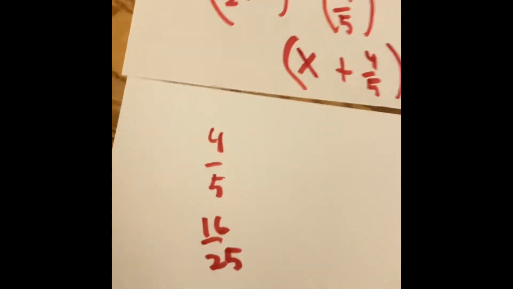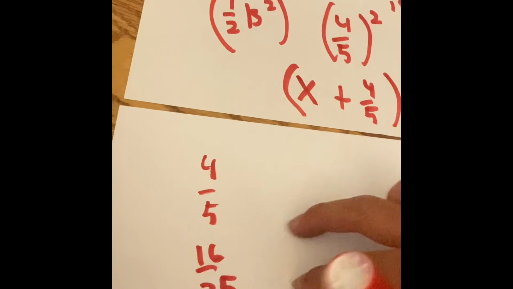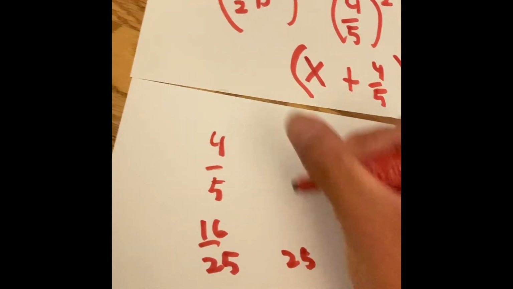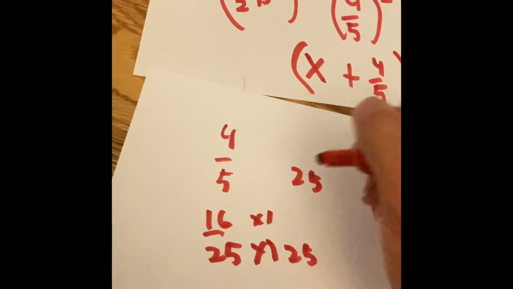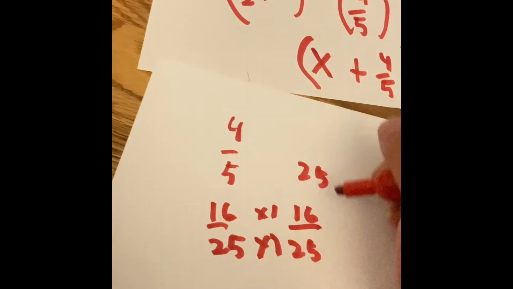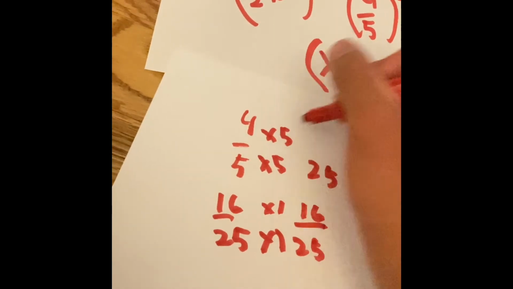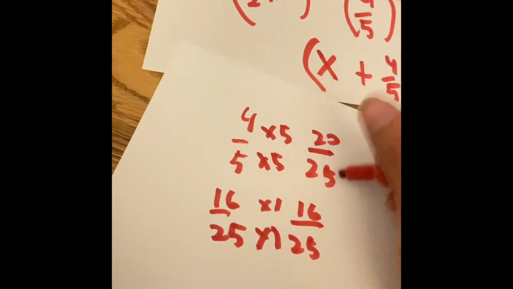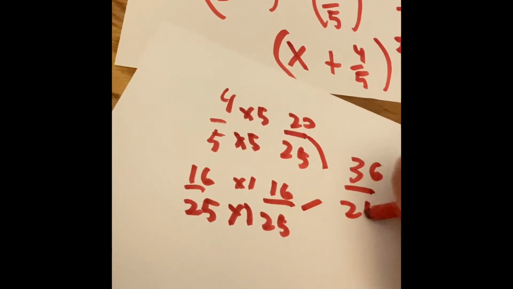We want to find common denominators. Since these two are multiples of 25, we multiply 16 over 25 by 1, and we change the top one by multiplying by 5, giving 20 over 25. Add the two, and we get 36 over 25.